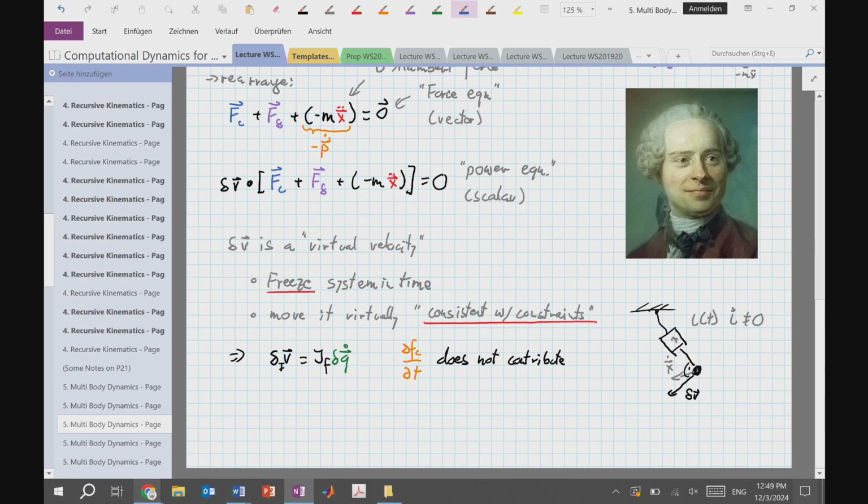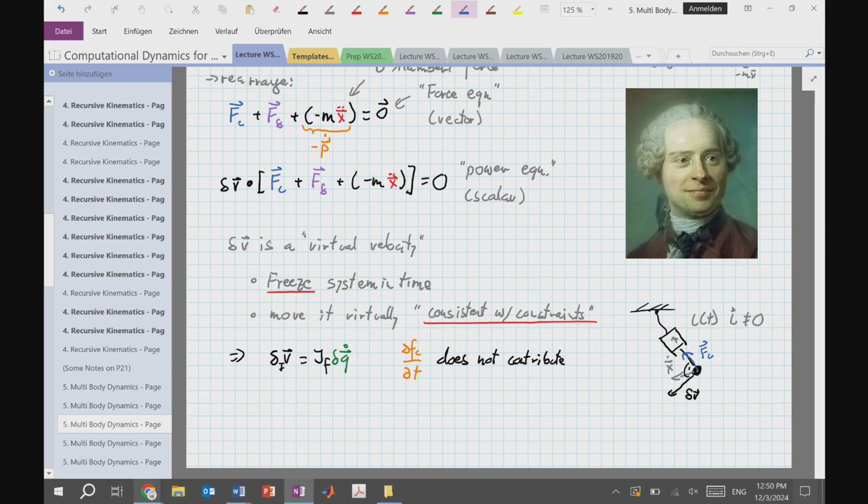And the virtual velocity has an interesting property, because the virtual velocity is always going to be orthogonal to the directions of the constraints. So the product of virtual velocity with constraint forces is going to be 0. Virtual velocity is basically the span of my Jacobian.